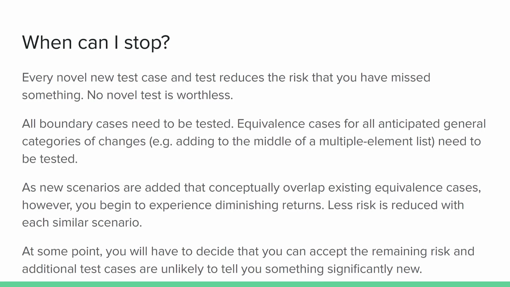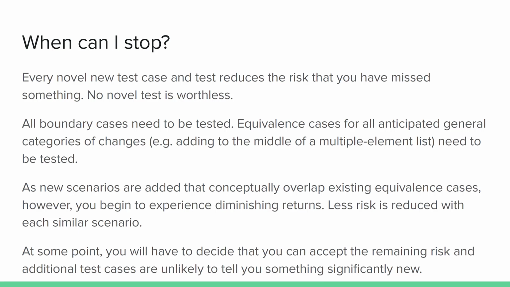You are eliminating less risk with new scenarios that overlap old scenarios than you did with the high-value boundary cases and with the first version of an equivalence case. So at some point, you will have to decide that any remaining risk is acceptable. You can live with the remaining possibility that you've missed something, and you recognize that adding additional test cases may not be a useful use of your time.